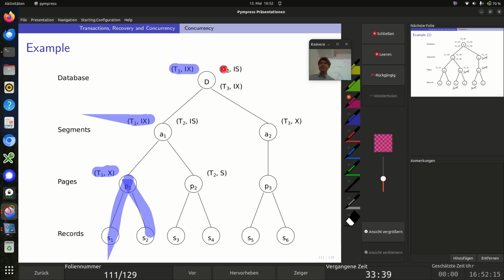Then we have another one, intentionally shared, and intentionally exclusive and intentionally shared are compatible, as T2 is reading all the records of page 2. And last but not least, we have T3. T3 is writing a whole segment, so this whole segment belongs to T3. So this is how multi-granularity locking works.